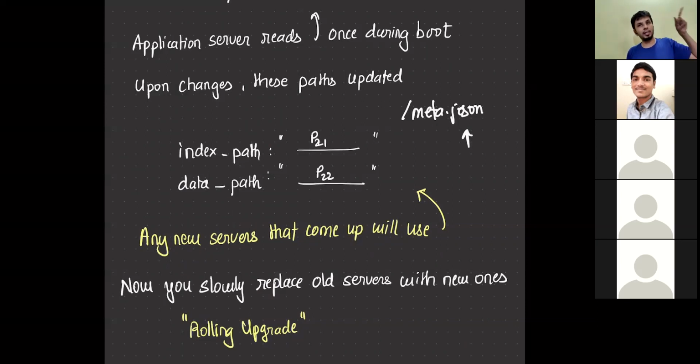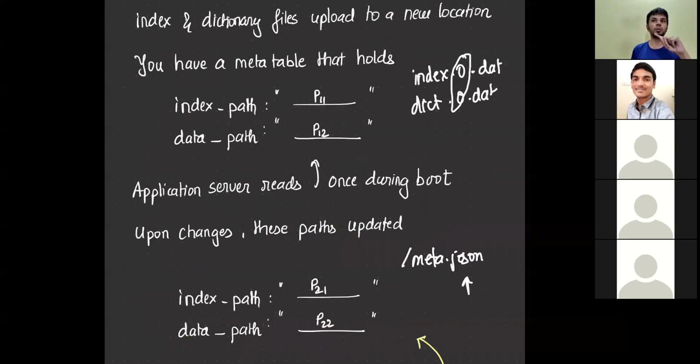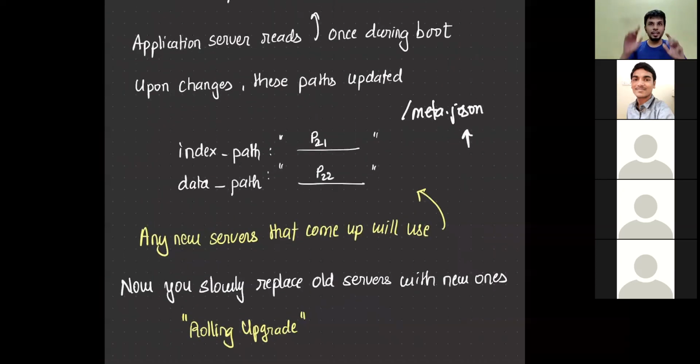The old servers will still continue to serve data from P11 and P12. Which means I'm not serving any garbage value to the user. My user would have no impact whatsoever. They might get stale data, but they would never get wrong data. So this is very important. I'm just trying to slowly transition it into a seamless process.